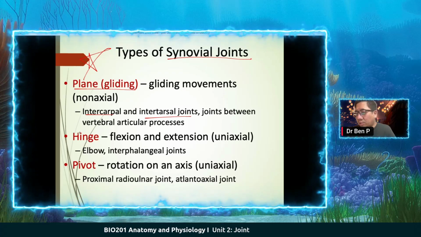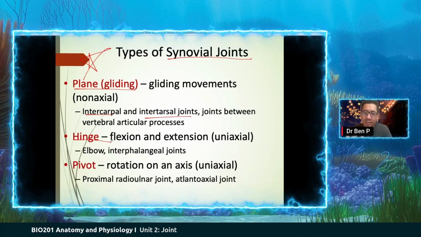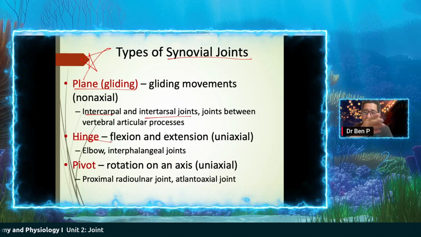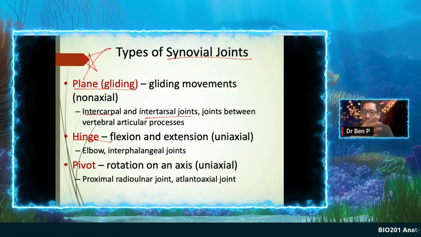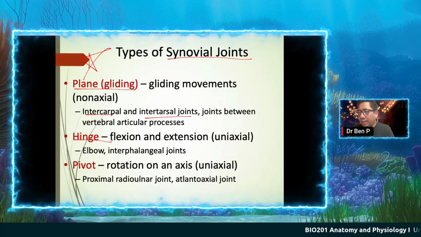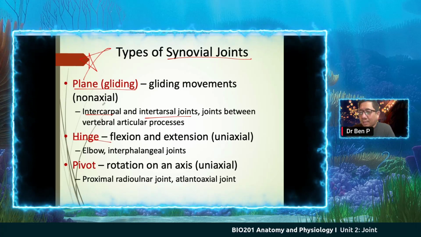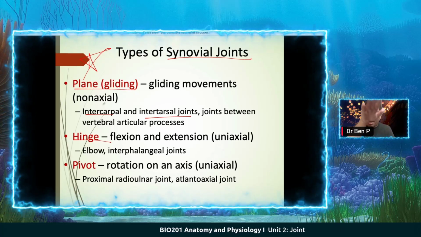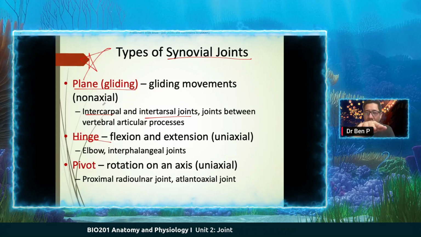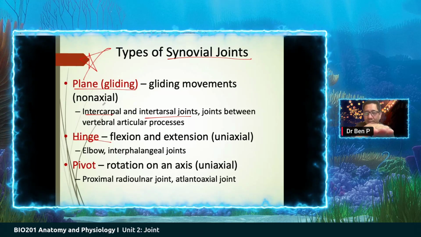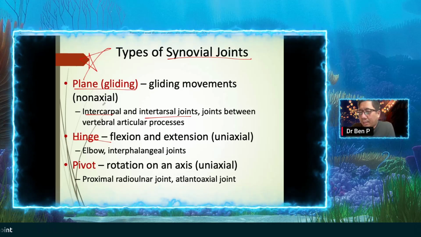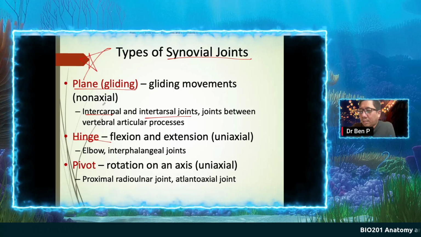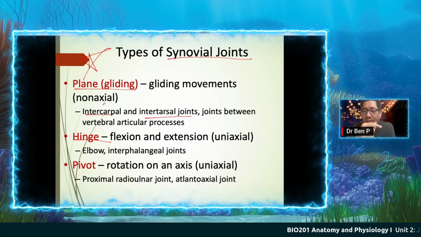You have the hinge joint. Hinge, just think of doors. Hinge is also uniaxial, meaning just moving one way, right? The plane joint is non-axial, meaning you can't flip it; you're just staying on that same plane. Hinge, again, is like a door, right?